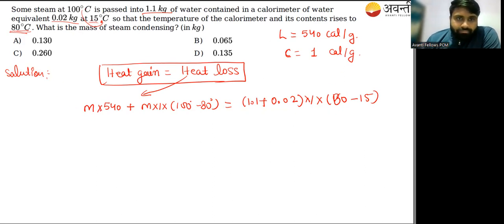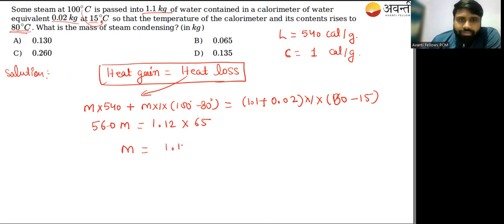So this will become 560. m equals 1.12 into 65. So the mass here will be 1.12 into 65 divided by 560.